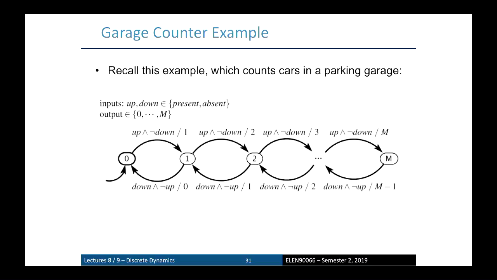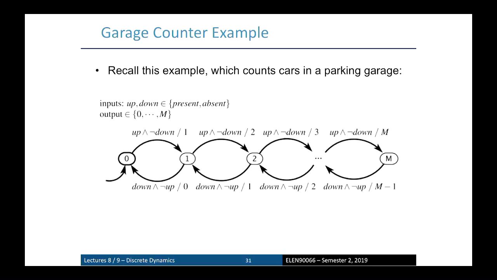It started off in the zero state, so we assumed that it was empty when the power was switched on, for instance. And every time you got a car coming in or a car coming out, you either count it up or down. The state is the output. It encodes nicely. We need a state to hold the number of cars, and that can then represent the output. So it's a discrete number here that represents the output.